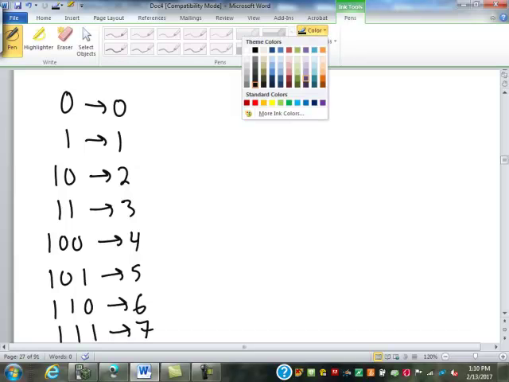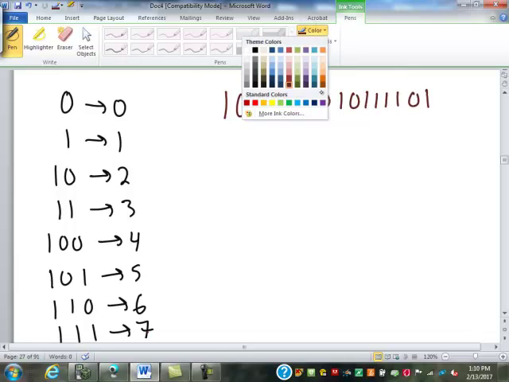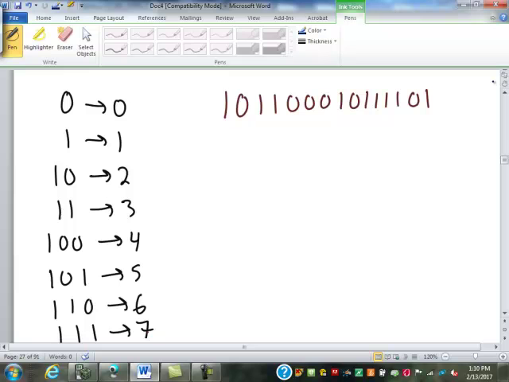What I can do is simply this. Notice 7 is the largest digit in the octal number system. So what I can do is this. There's a string of binary digits. Notice the most this takes is 3 digits here.